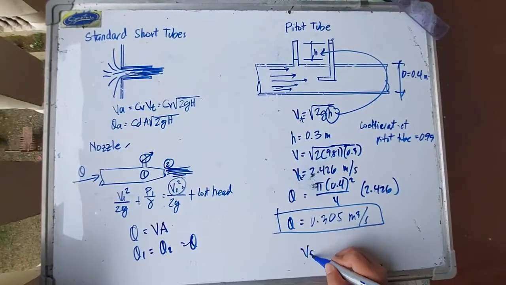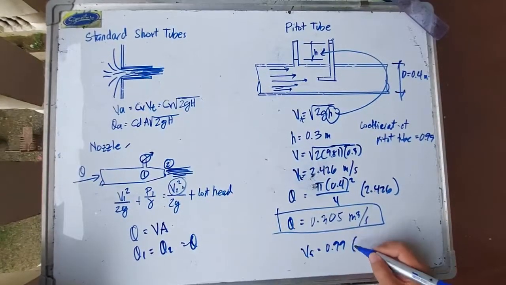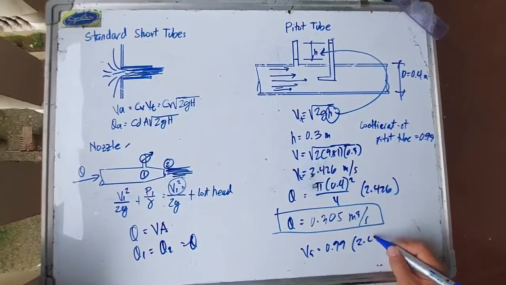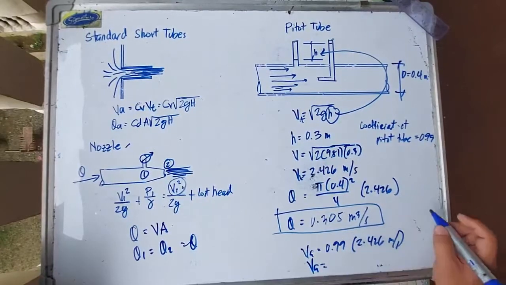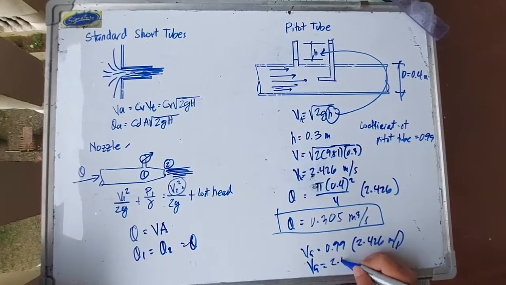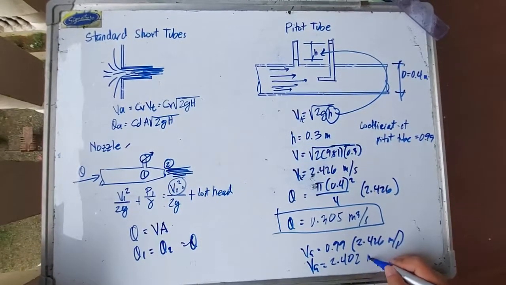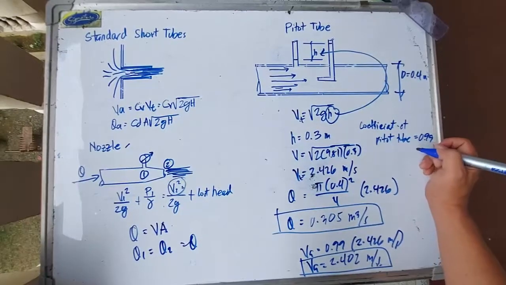So, the actual velocity then is equal to, i-multiply lang natin 0.99 times 2.426 meters per second. So, the actual velocity is equal to 2.402 meters per second, is the actual velocity pag given yung coefficient of Pitot tube natin.